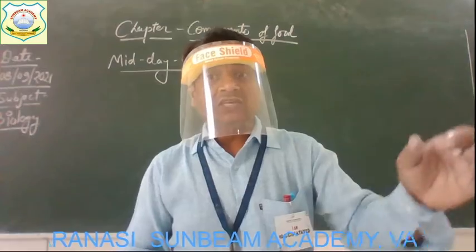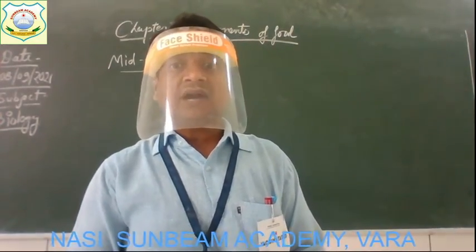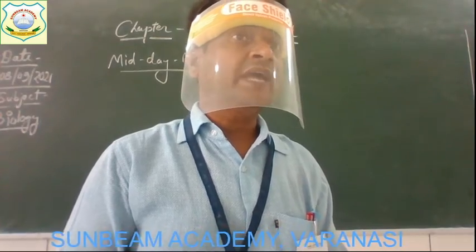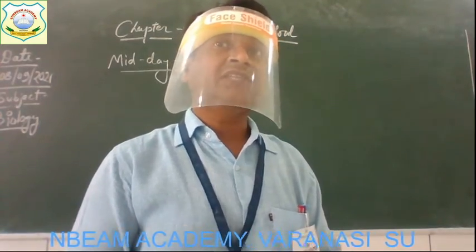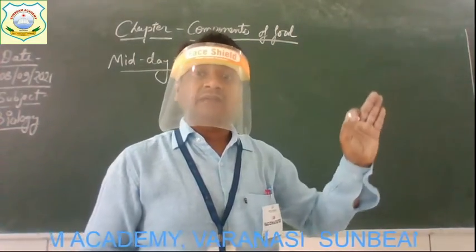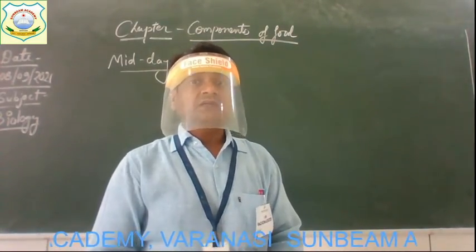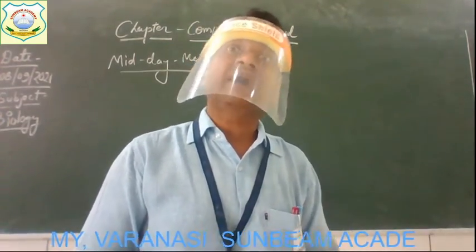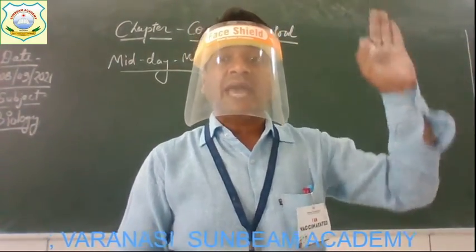The scheme was introduced in Madras. Nowadays, Madras is known as which city? Yes, Chennai. So this scheme was started in Chennai, in which year? In the year 1925, many years back.